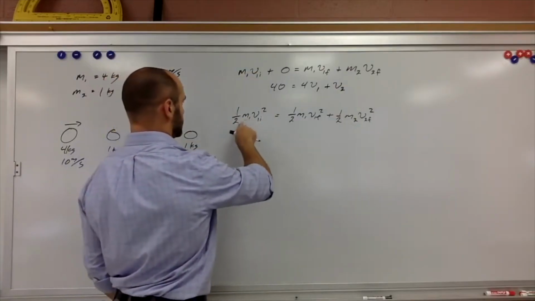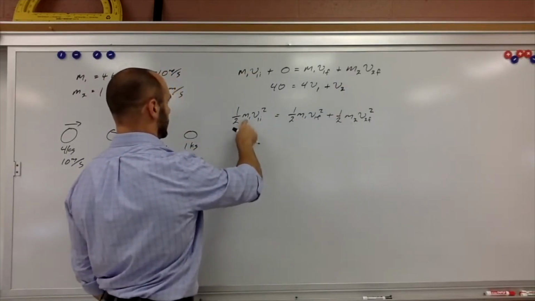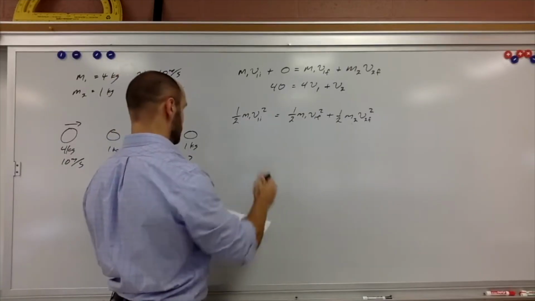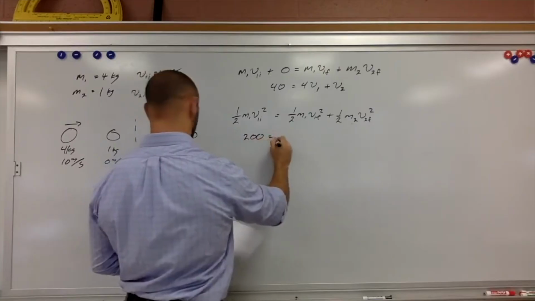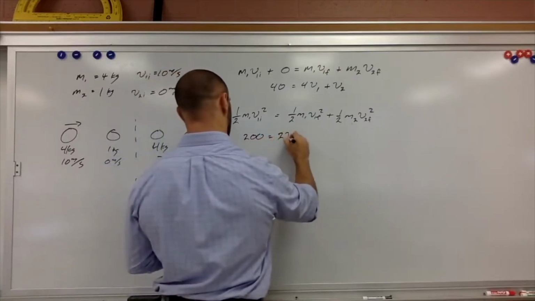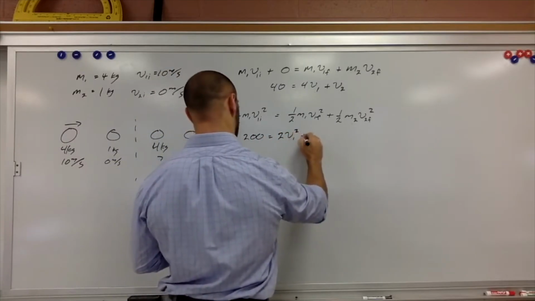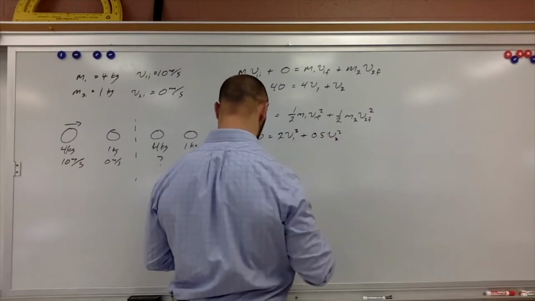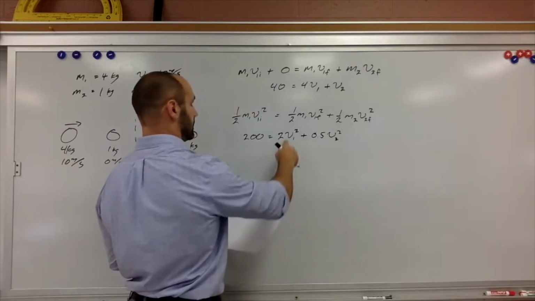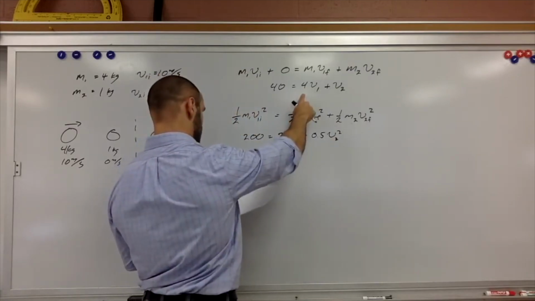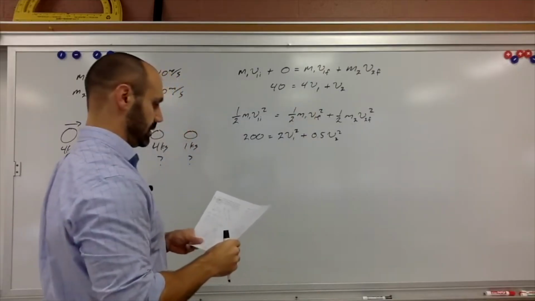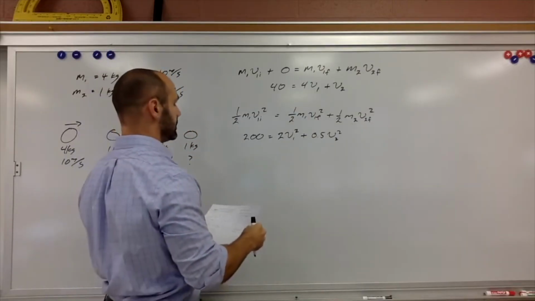Now I'll plug in here: 1/2 of 4 times 100, so 200, is 2V1 squared plus 0.5 V2 squared. So I've got these two equations, and what I'm going to do is solve for V2.